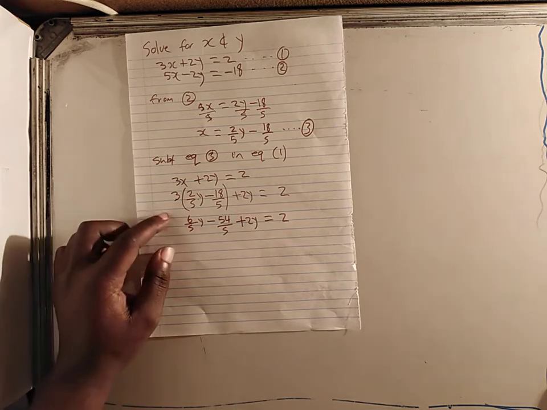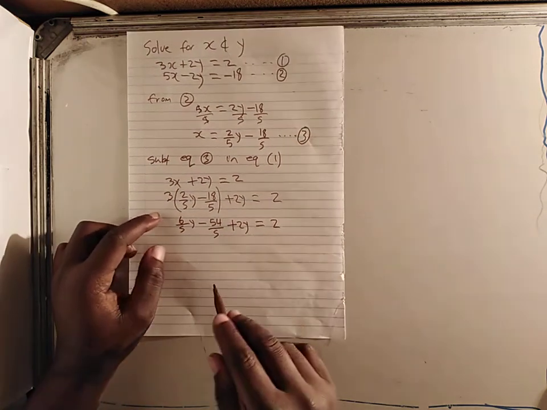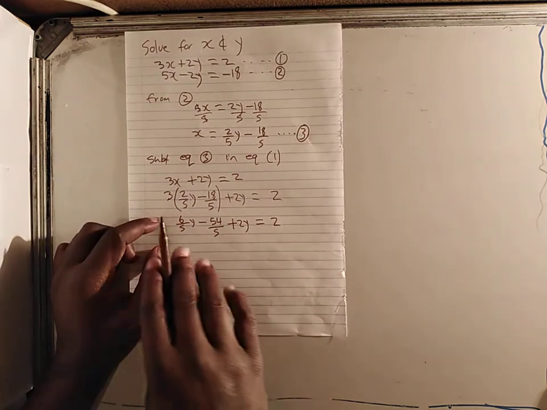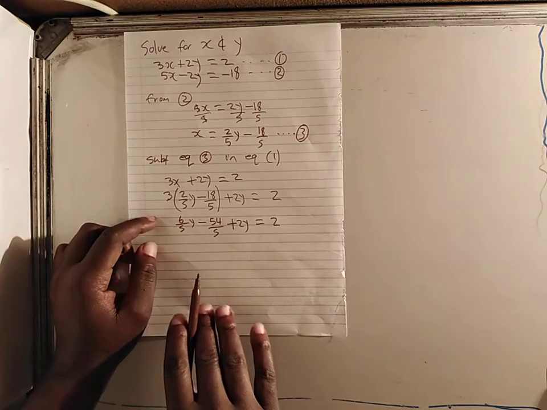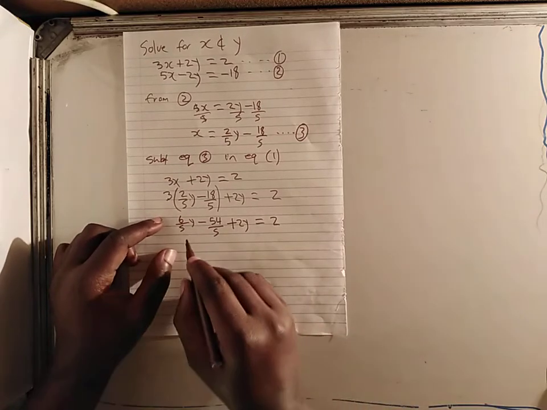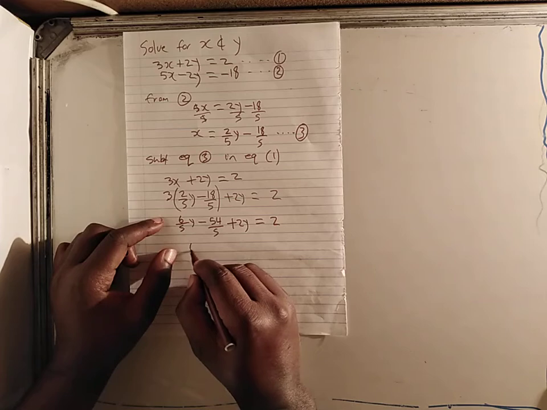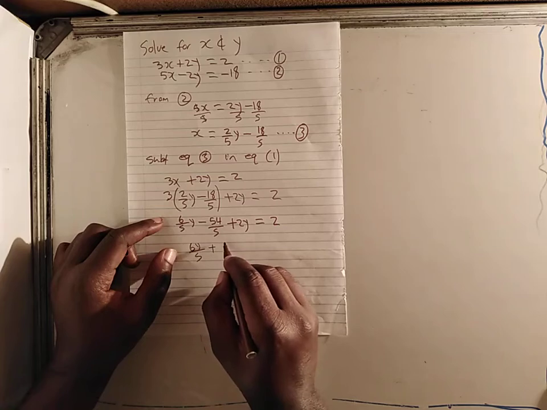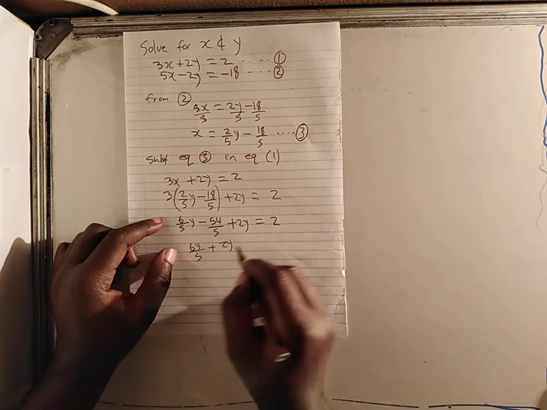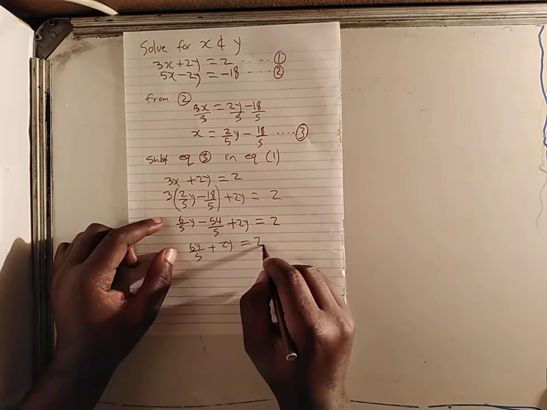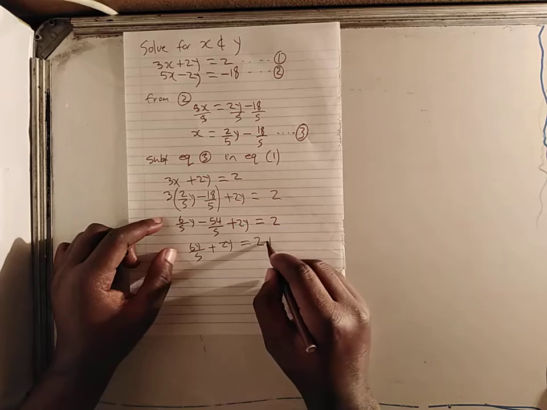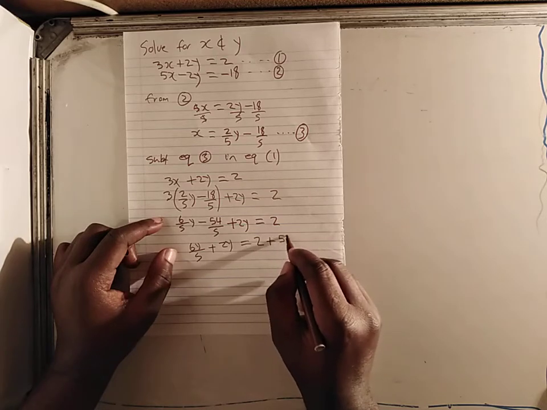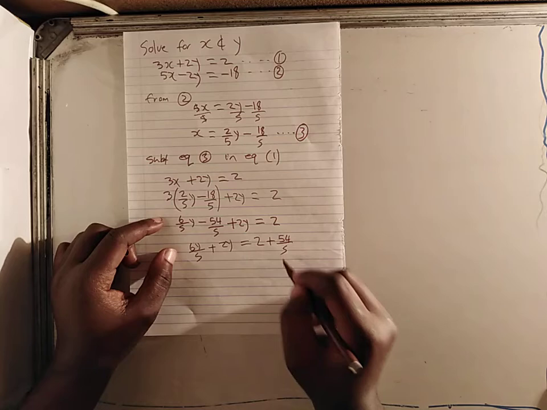All right, so the values with y will remain here, and the values without y will go on the other side. So I'll end up having 6y over 5 plus 2y is equal to 2 plus 54 over 5.